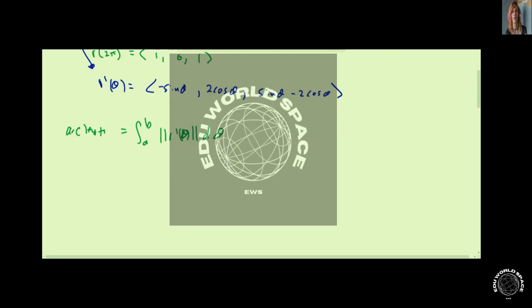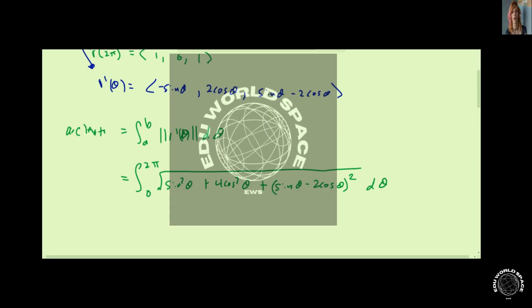So let's go ahead and do that. This would be the integral from 0 to 2 pi of the square root of sine squared theta plus 4 cosine squared theta, plus sine theta minus 2 cosine theta squared, d theta.